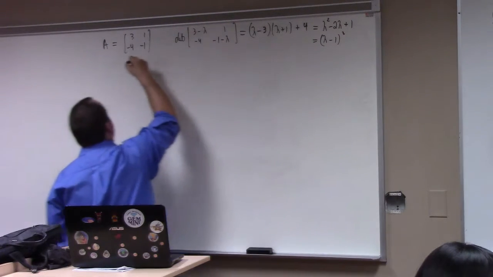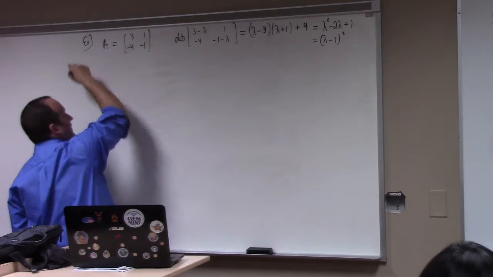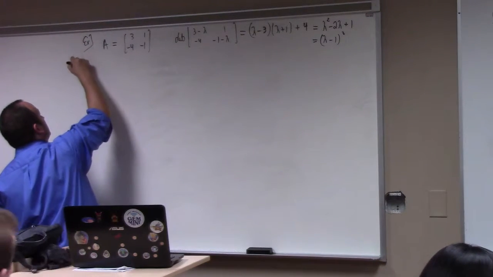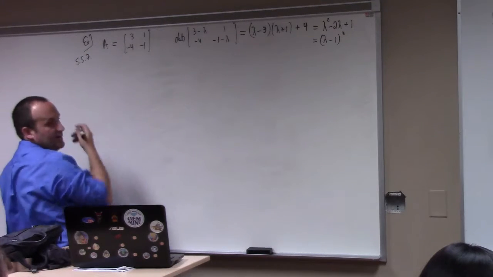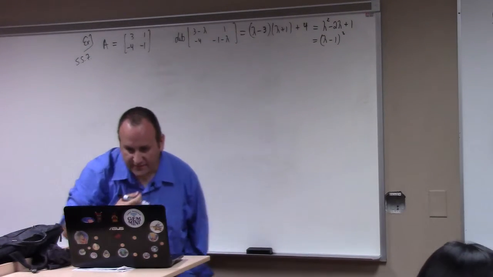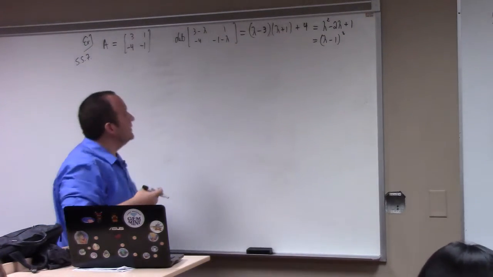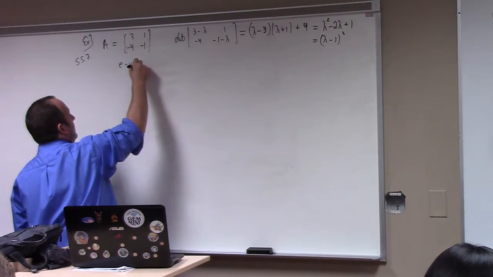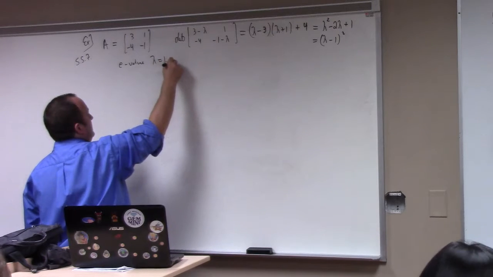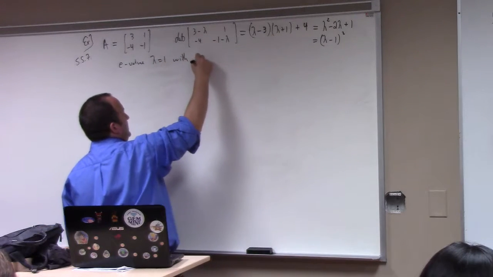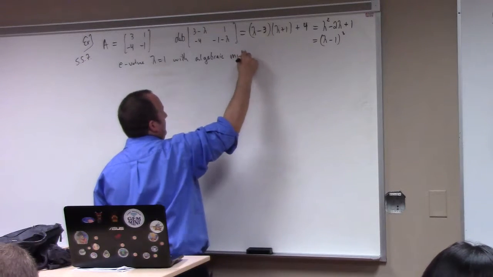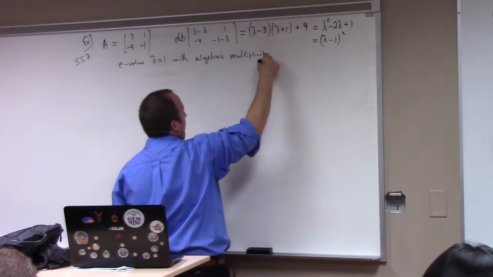By the way, this is example 5.5.7 on page 157 I'm currently working through. Now, so we have eigenvalue lambda equals 1, with algebraic multiplicity 2.